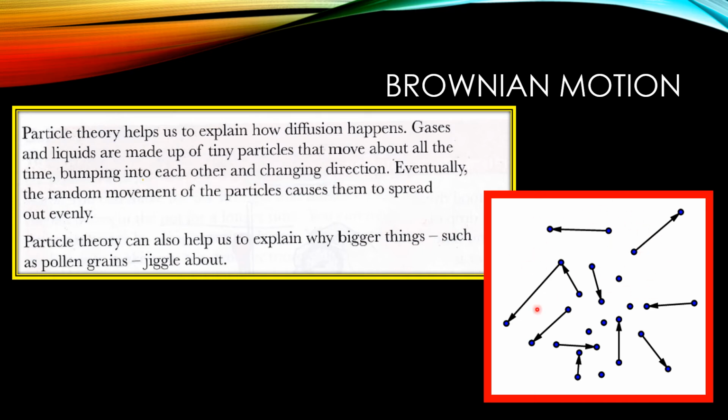It can move randomly and collide. For example, this one wants to move upward, and this one wants to move downward, so they will collide. This is what we call random movement. The random movement of the particles causes them to spread evenly. Understand?